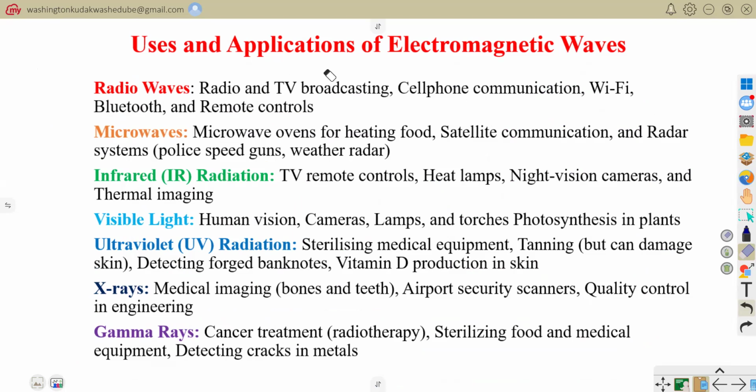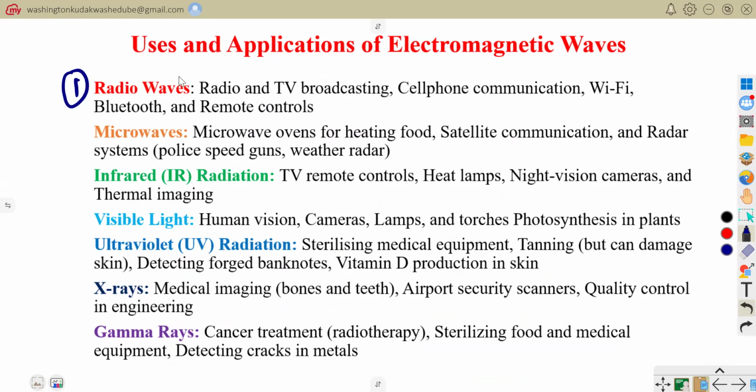The uses of these electromagnetic waves and their applications are, for example, radio waves, which are used for TV broadcasting, for our cell phone communications, and for what we refer to as Wi-Fi, which is wireless fidelity.